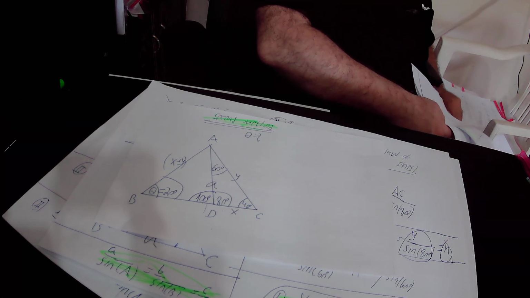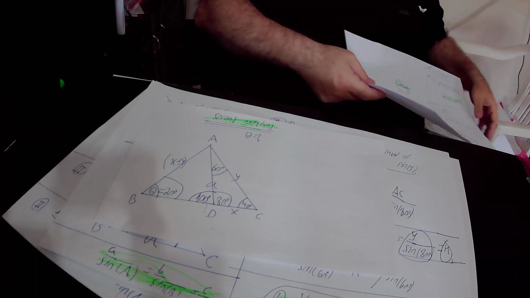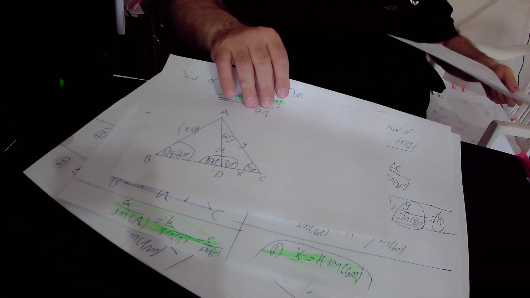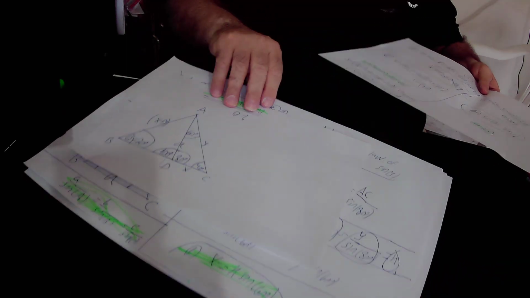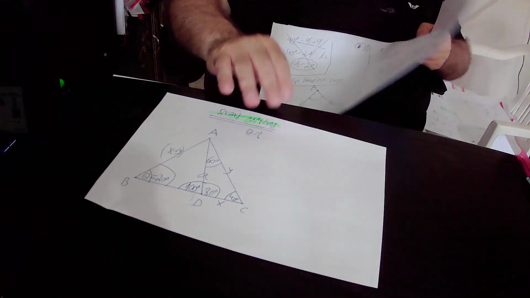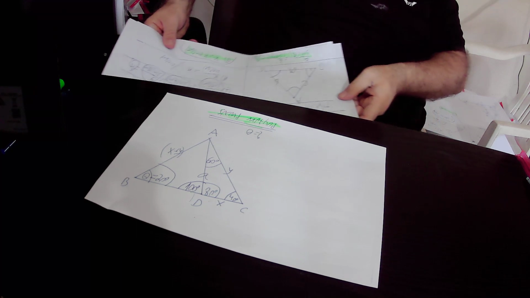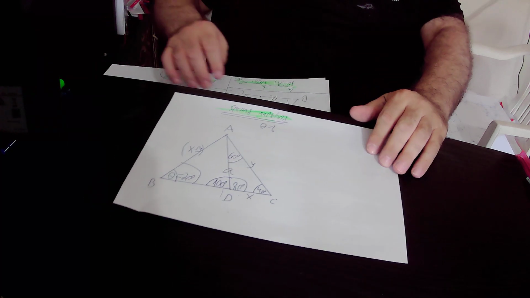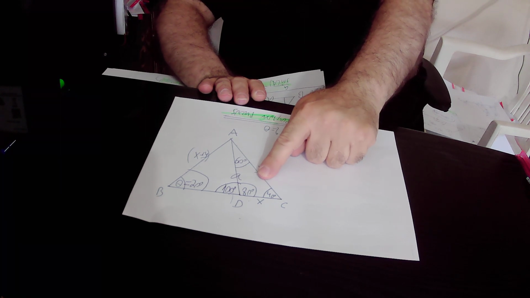In the second method, we didn't do any constructions, but here we focused on triangle ADC. In triangle ADC, this angle equals 80 degrees.